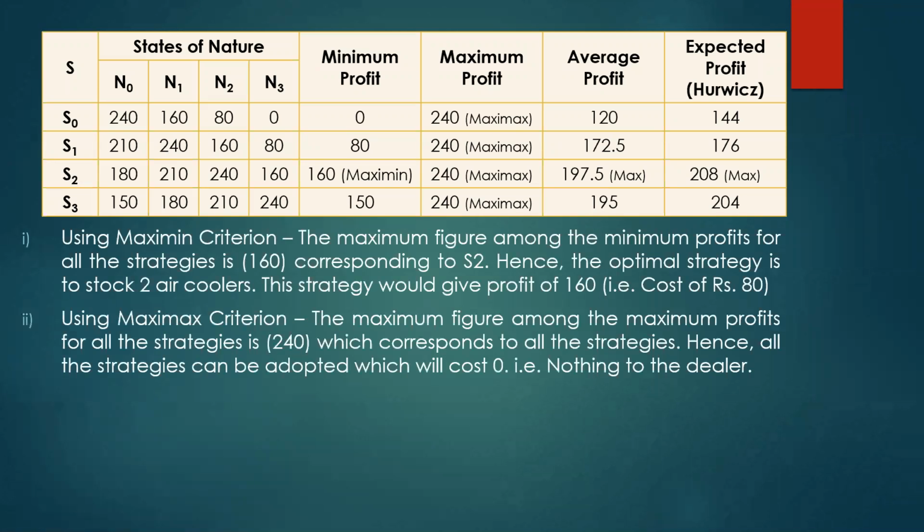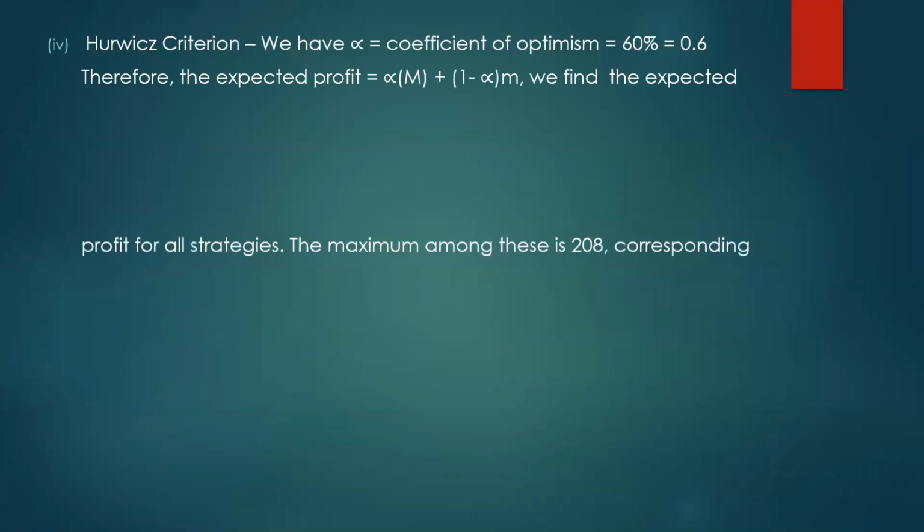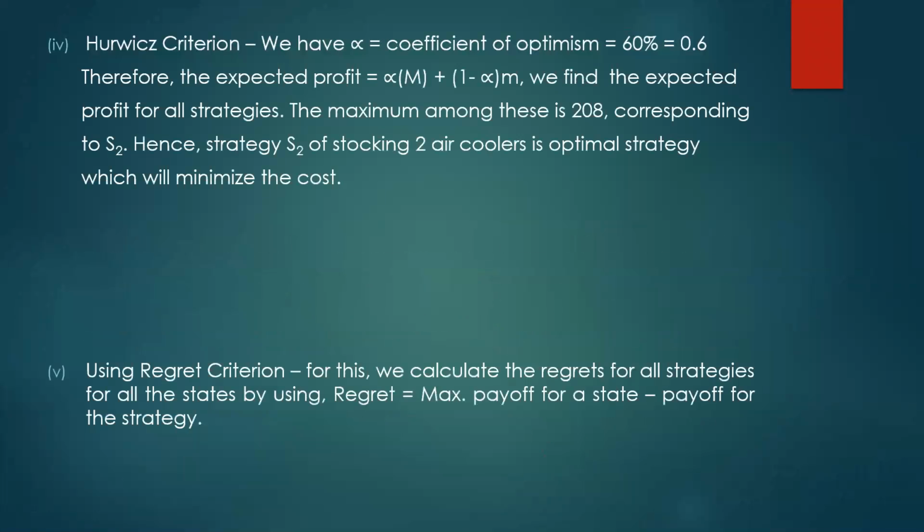Now, this is some explanation which I have given. If you want, you can just take a screenshot of this. Let's go ahead. The Hurwitz criteria calculation, which I have done, you can note down.